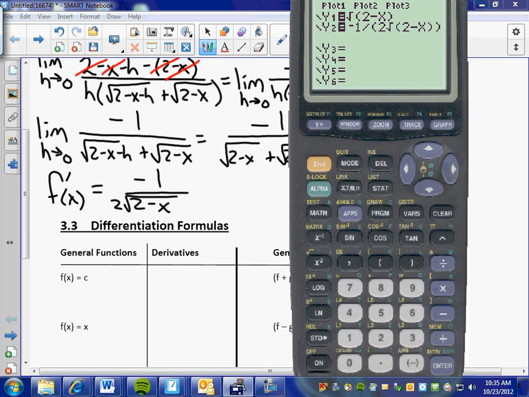I want you to type in, our first one will be the function, our second one will be the derivative. If you're not very good with your parentheses, then type it in exactly like I have it. If your calculator doesn't show something that mine shows, don't worry about it. Just follow mine. We'll take care of your calculator issues at a later time.